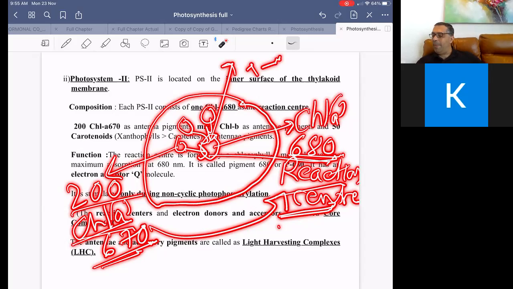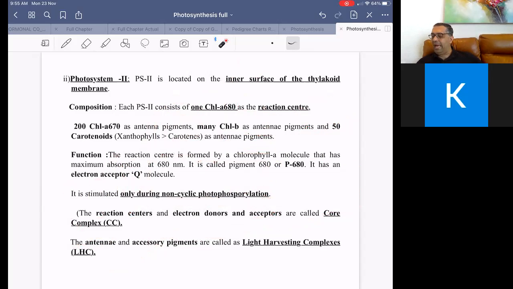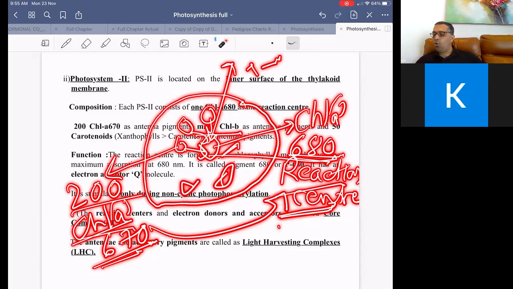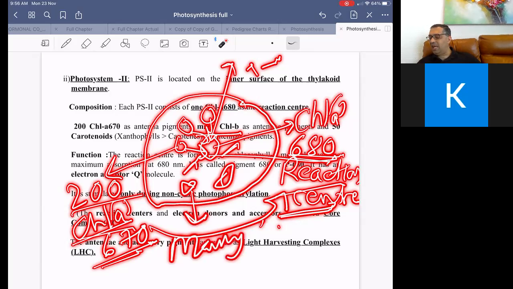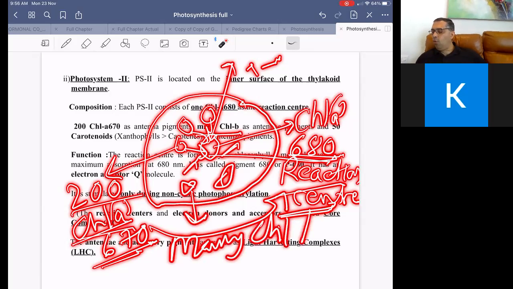Along with it, there are many chlorophyll B. तो बहुत ज्यादा chlorophyll B है. If you remember, photosystem 1 में there were few chlorophyll B, but photosystem 2 पे there are many chlorophyll B. तो chlorophyll B ज्यादा है photosystem 2 के अंदर.